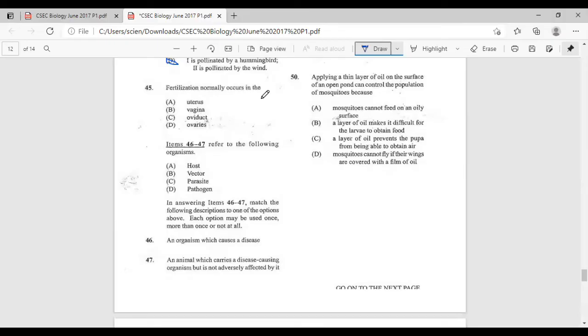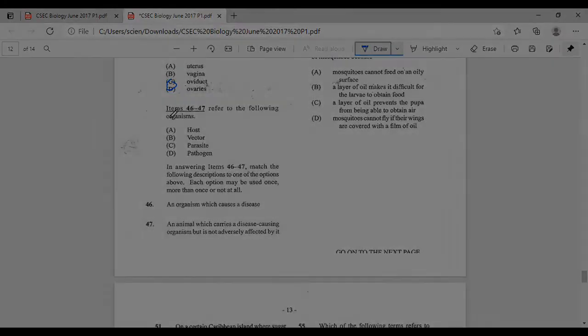Fertilization normally occurs in the A, uterus, B, vagina, C, oviduct, D, ovaries. So the answer is definitely oviduct, which is C.